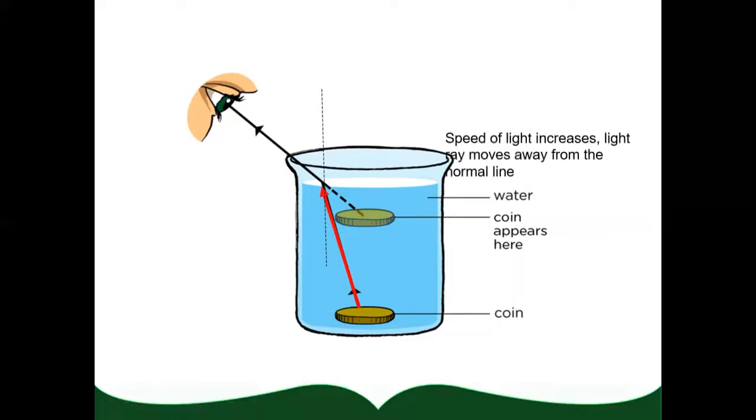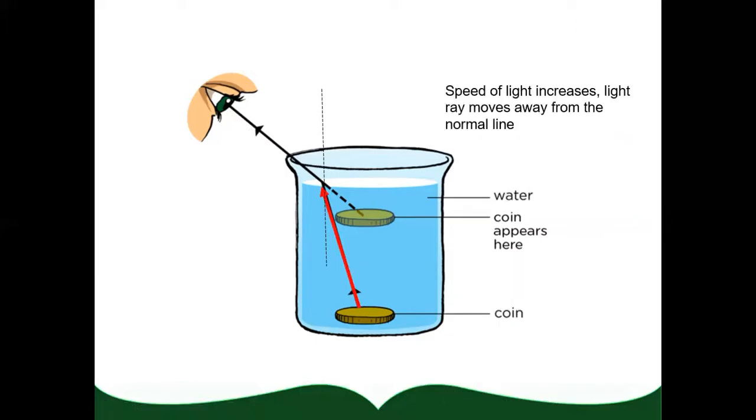When the speed of light increases, the light ray moves away from the normal line. So, in order to say that there is an increase in the speed, the refracted ray will move away from the normal line. Take note, this normal line is an imaginary line, drawn broken, that is perpendicular to the boundary between the two media.